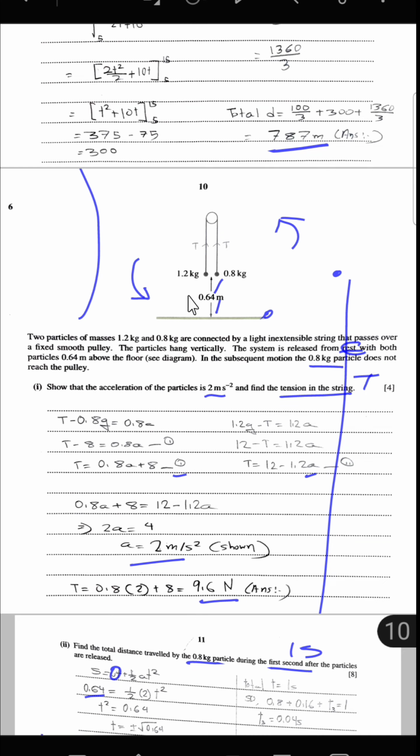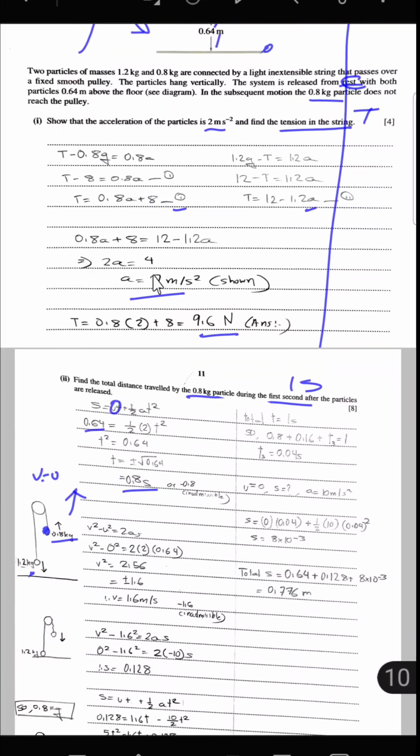So for this distance, we need to find the time when the 1.2 kg particle reaches the ground. So S, that is 0.64, is equal to ut plus half at square. Since u is 0 as it is initially at rest, we find the value of t, that is 0.8 seconds.